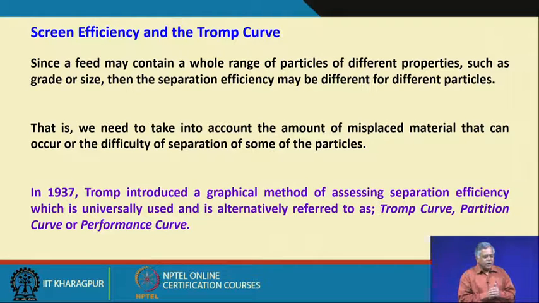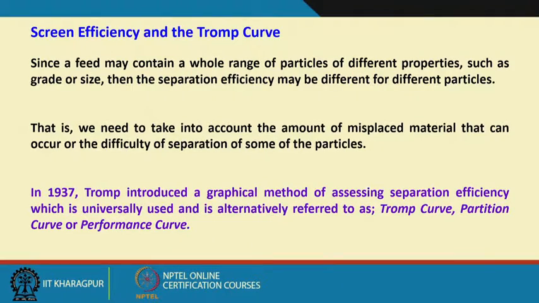Now, I have done it with 1.5 millimeter particles. Okay. Now, if I have a screen with 2 millimeter aperture, that efficiency may be different for the same material with identical operating conditions, but only the apertures we have changed.